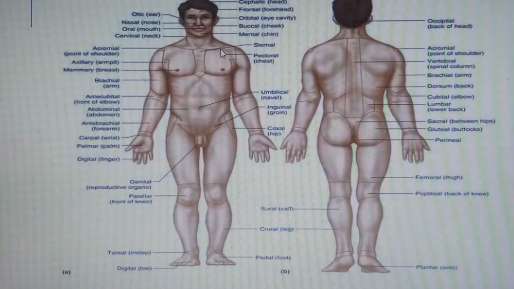Continue with it. There's the sternal aspect, the breastbone area. There's the pectoral region, which is part of the thorax, the chest. There's the acromial aspect, the acromial process of the scapula. The armpit is known as axilla, so that's the axillary region. Where we have the breasts, that's the mammary or breast area.